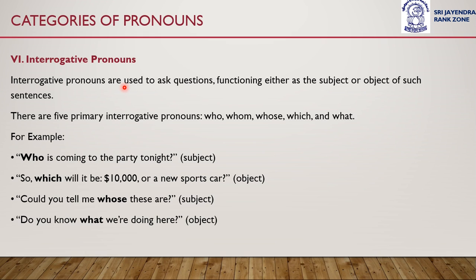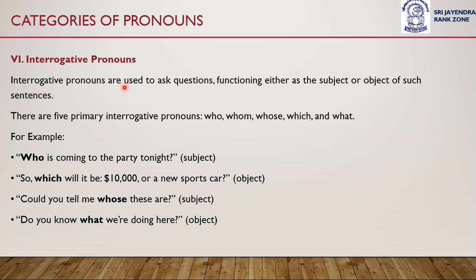So who is an interrogative pronoun, and it is being used as a subject in this sentence. Another example could be, which will it be, $10,000 or a new sports car? Here which has been used as an object. Alright. Another example could be, could you tell me whose these are?